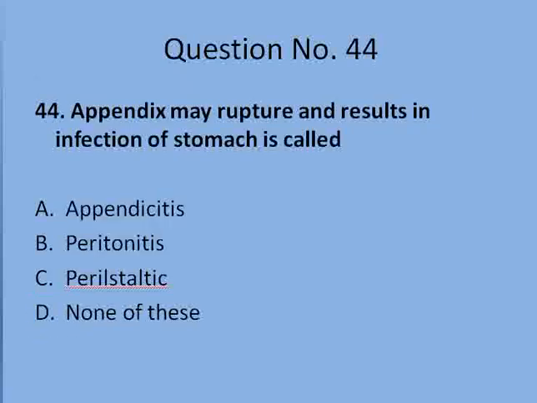Question number 44. Appendix may rupture and results in infection of the stomach, called. The four options are appendicitis, peritonitis, peristaltic, none of these. When you are taking the first option, appendicitis, this is a condition caused due to the inflammation of the vermiform appendix, so that is not the correct one.